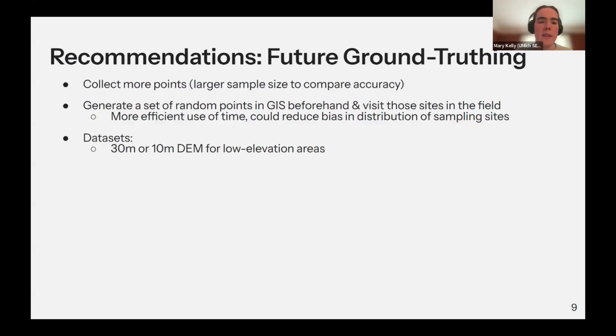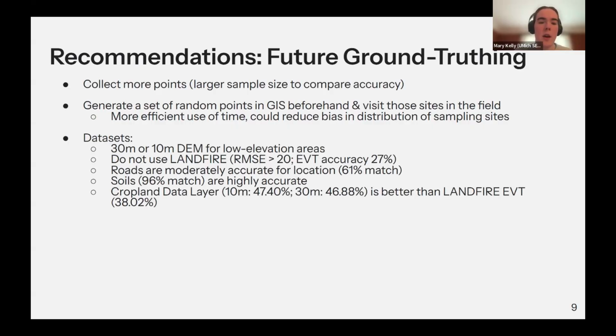For the data sets themselves, they all sort of have varying accuracy. So we found that for low elevation areas, either of the digital elevation models that we looked at could work well.